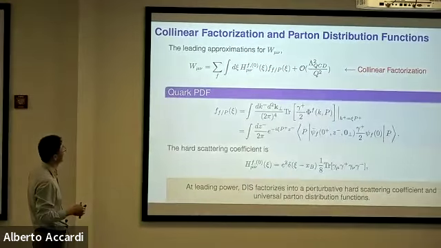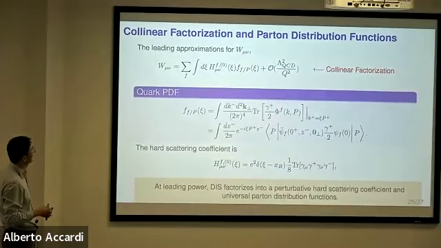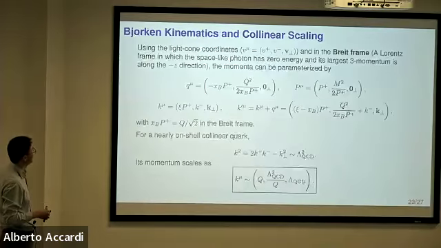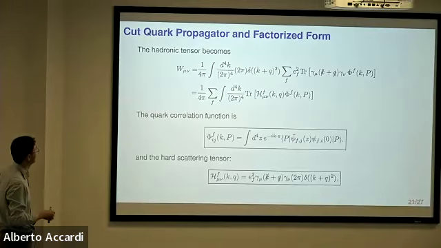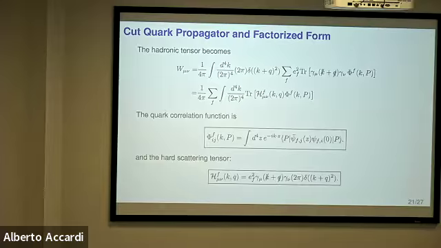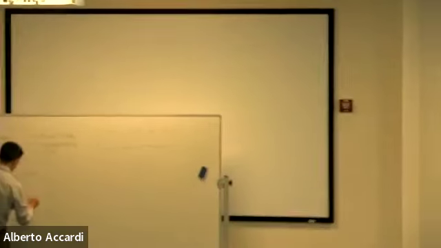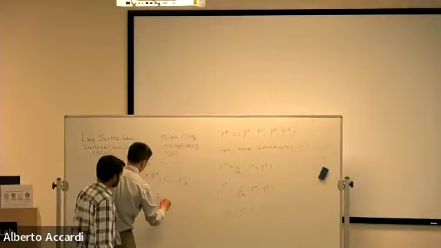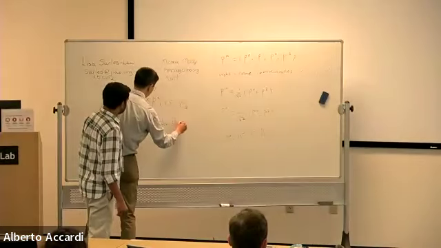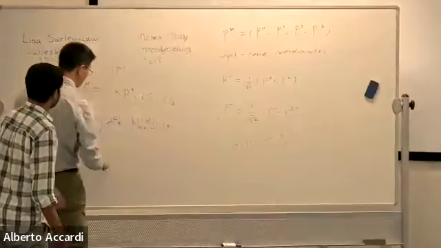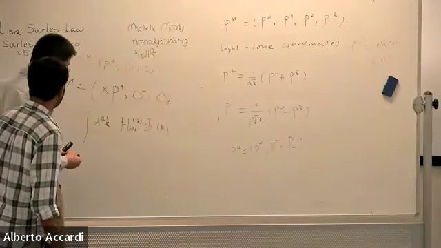Eventually, I should also say, you have a four momentum. You have H mu nu and you have phi, both dependent on k.